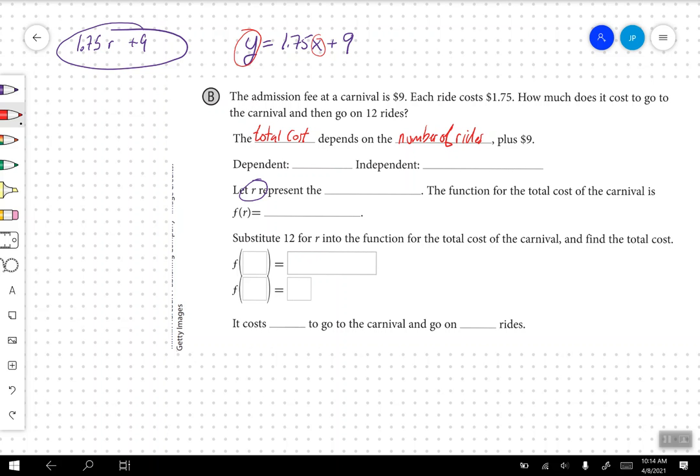Well, again, just think about it. If I never walk into the carnival, do I ever pay any money? So you fill these out, and then go ahead, put me on pause, fill them out, and then come back. Okay, so total cost depends on what?